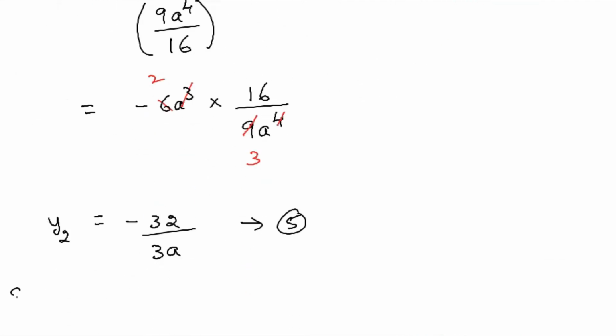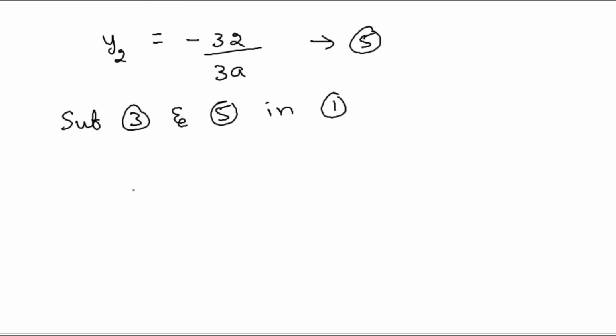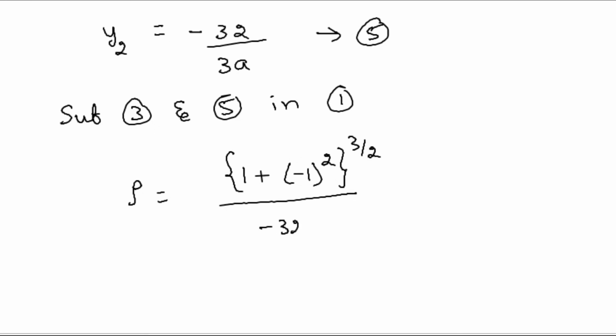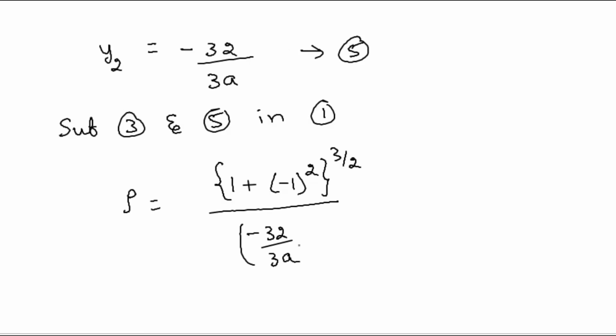So we'll substitute equation number 3 and equation number 5 back in equation number 1. Therefore the radius of curvature rho will be equal to 1 plus y1 square, y1 value is minus 1, so minus 1 whole square, to the power of 3 by 2 whole divided by y2. y2 value we have got is minus 32 divided by 3a.